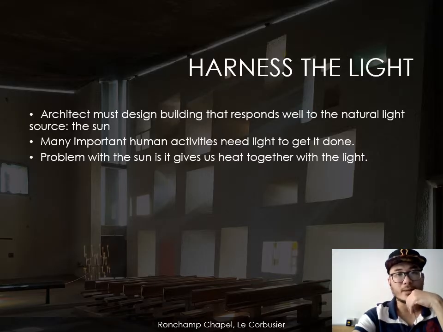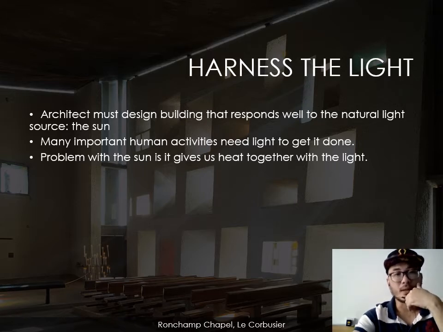Harness the light. Architects must design buildings that respond well to the natural light source, which is the sun. Besides the sun, as an architect, we also design spaces or buildings that use artificial light too.